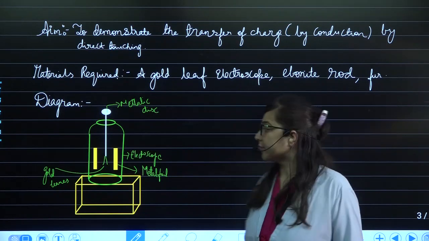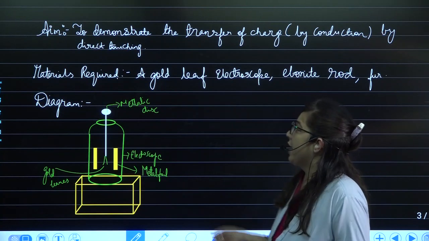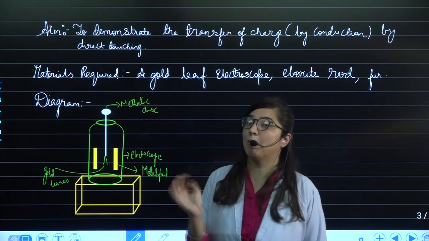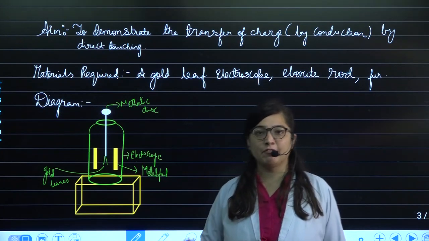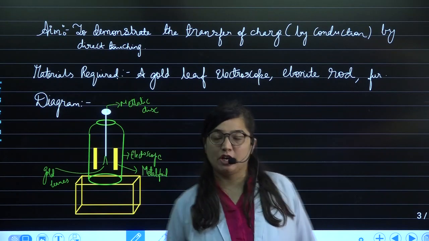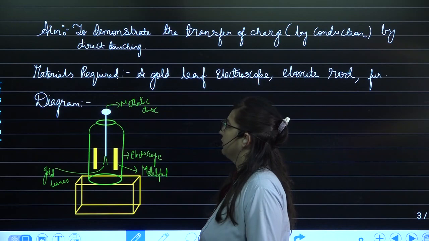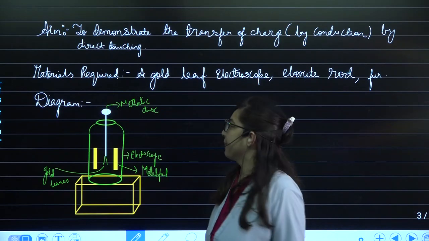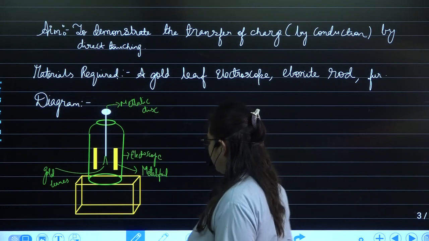Now, what we have to do is rub an ebonite rod with fur. Once you rub the ebonite rod, it will get negatively charged. And we have to bring that near this metallic disc. We have to touch it. So, what will happen? Let's observe.